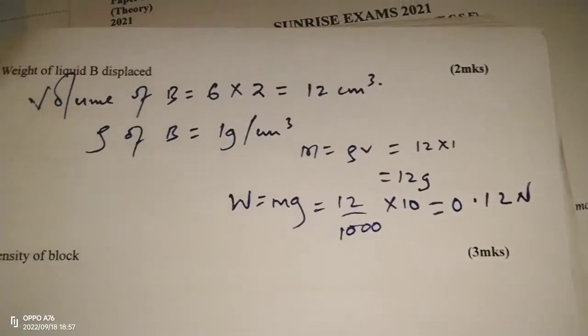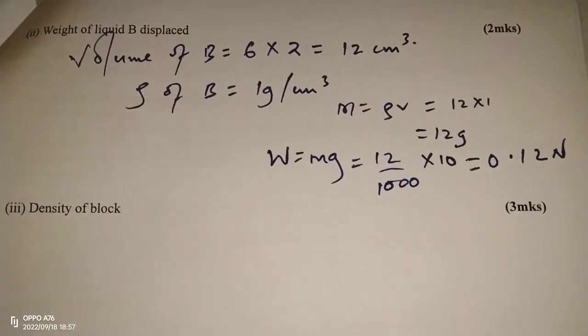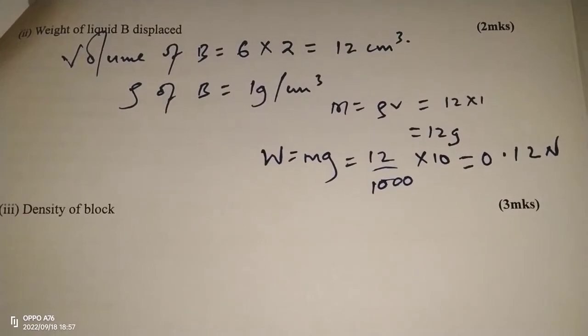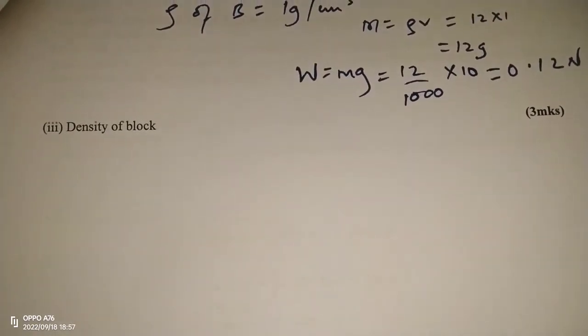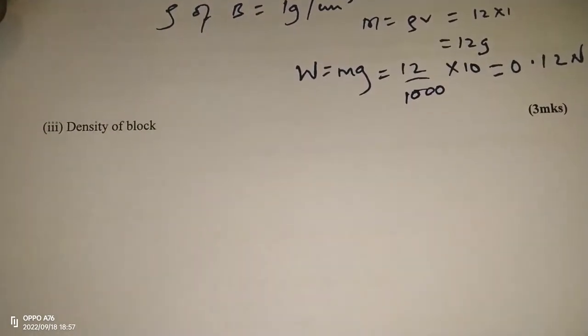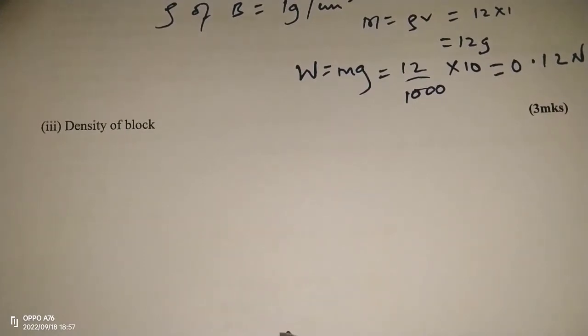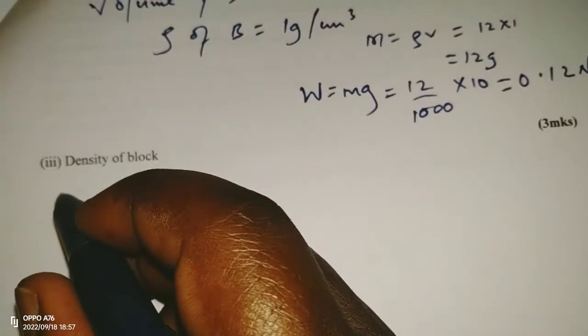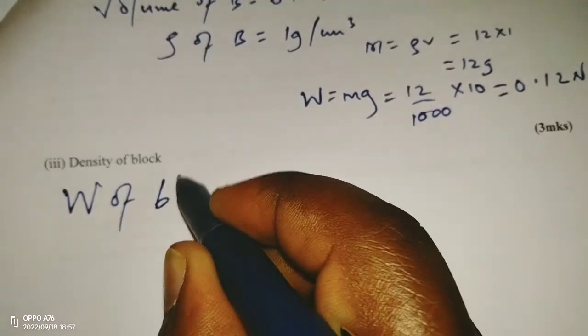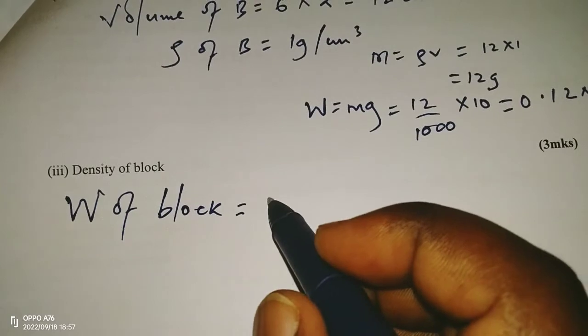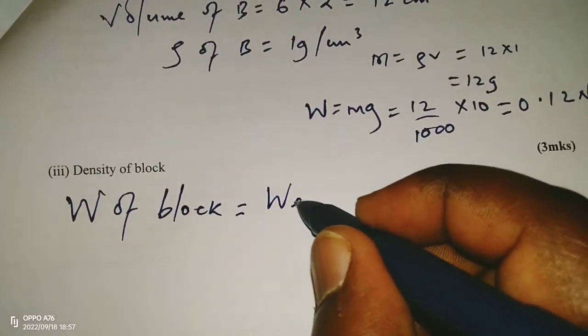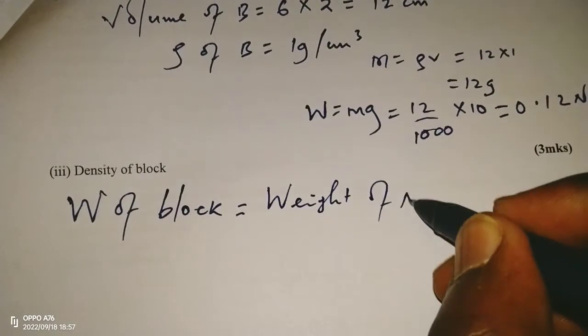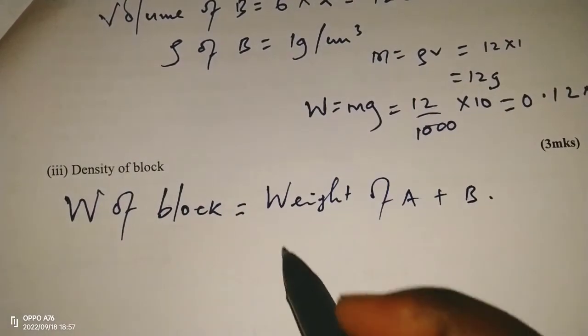newtons. So we have the weight of liquid B displaced and the weight of liquid A displaced, and now we want to calculate the density of the block. We should know that according to the law of flotation, any floating solid displaces its own weight of the liquid on which it floats. So this means the weight of the block is going to be the weight of A plus the weight of B, the two weights added.